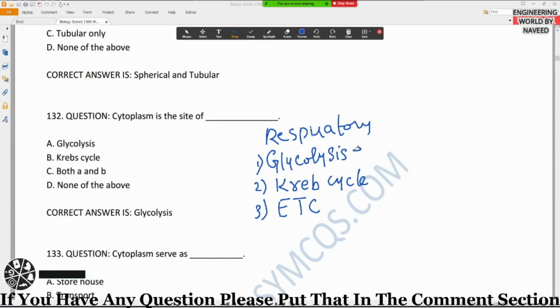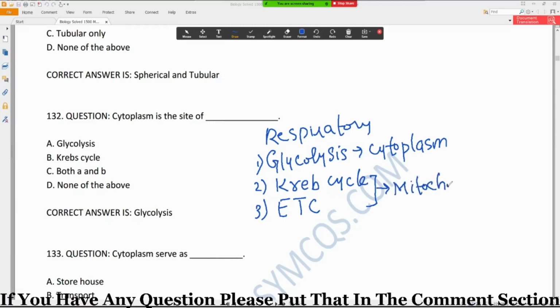The first step of respiration occurs in cytoplasm, and the other two occur in mitochondria. So the first one is glycolysis, the second is Krebs cycle, and the third is ETC, electron transport chain.